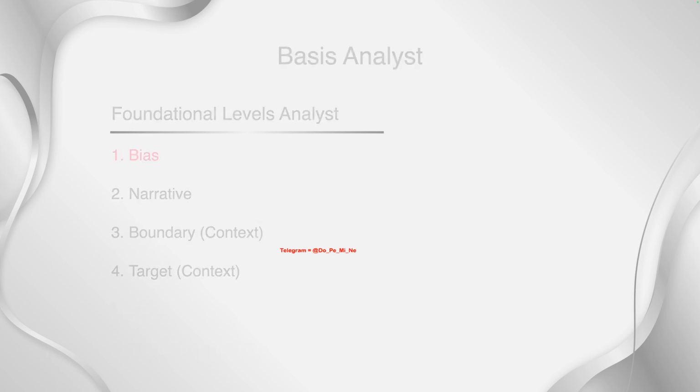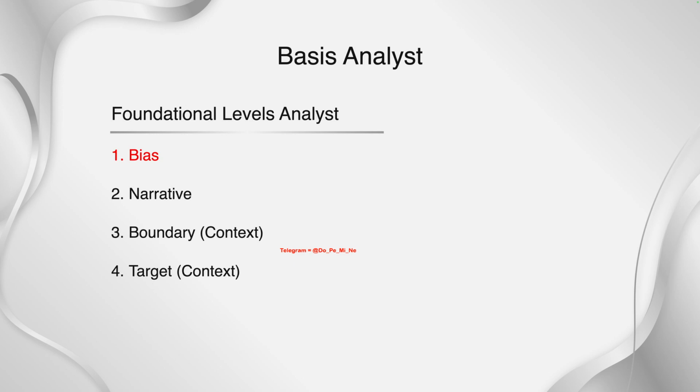That is where we have the foundational levels for the analyst phase: the bias, the narrative, the boundary, again part of that context, and the target, part of that context as well. The lower we go into this list, the closer we get to the entry phase, the execution phase, which is the next month.